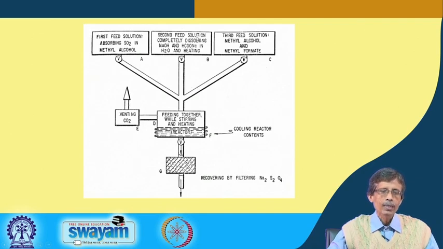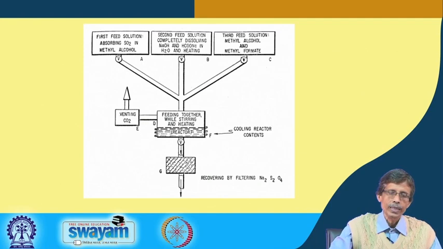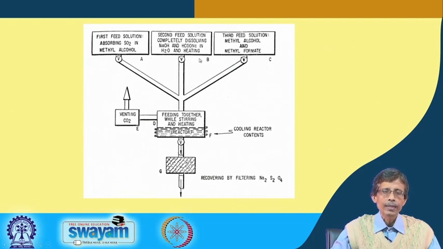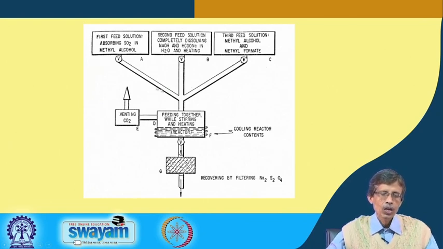The second one is again a feeder solution, dissolving NaOH and sodium formate in water, under heating conditions. That means you have sulfur dioxide as A, the first feed, then the corresponding reducing agent as B, that means sodium formate, and also some solvent medium, in terms of methyl alcohol and methyl formate. So, three of them we mix together and feed together while stirring and heating the reactor.